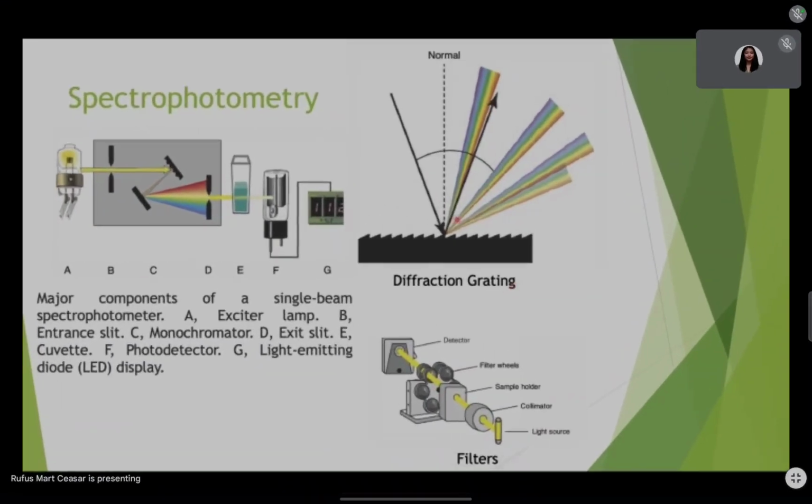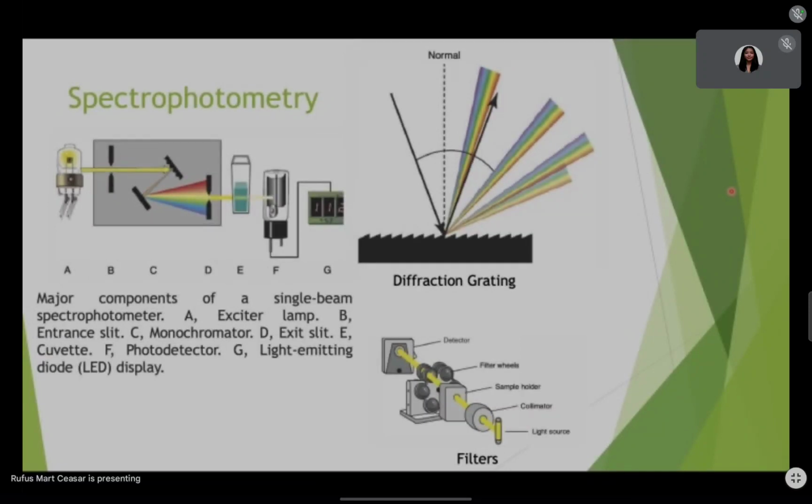Sa physics natin, di ba, pag nag-diffract yung light, nagse-separate yung various wavelengths ng UV light. So the simplest filters are thin layers, usually of colored glass.